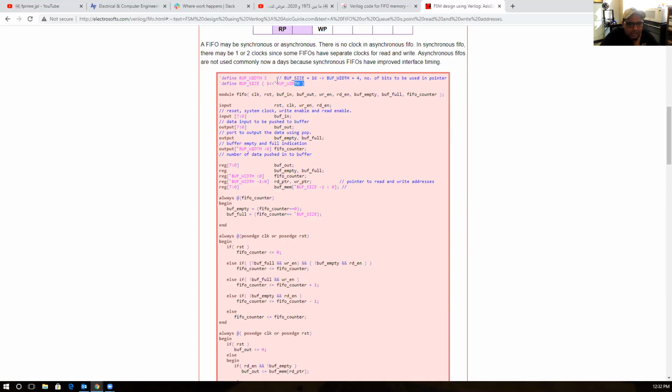Then these two guys we will call later in the body of the FIFO. What we are expecting as input and output to the FIFO: we are expecting the clock, the reset, the data in, which is the buffer in, and the data out, which is the buffer out. We are expecting also write enable and read enable.